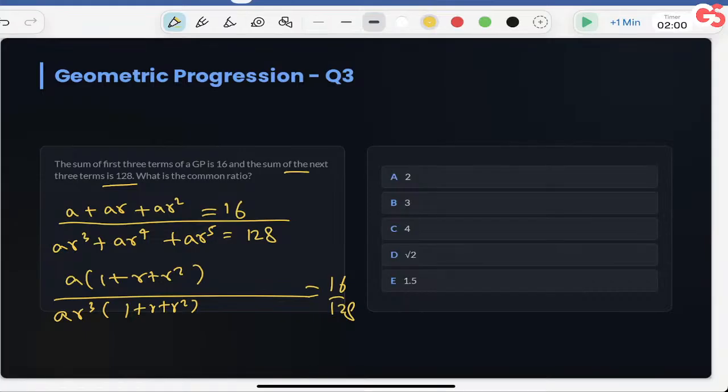Is that right? So this and this get cancelled out, right? 1 by r cube, 16 by 16 eights are 1 by 8. The value of r is 2 here. Go for option A.